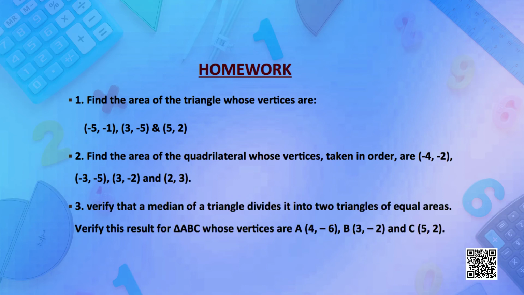And the third one, verify that a median of a triangle divides it into two triangles of equal areas. You have to verify this result for triangle ABC whose vertices are A (4, -6), B (3, -2) and C (5, 2).